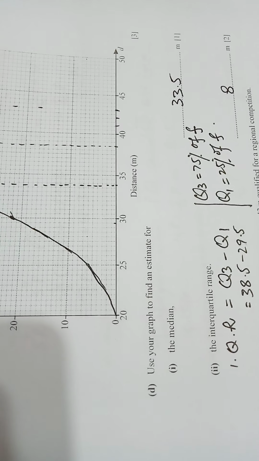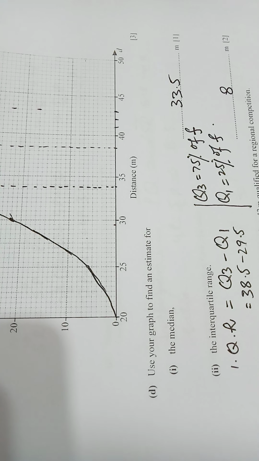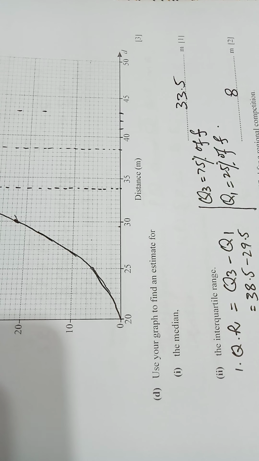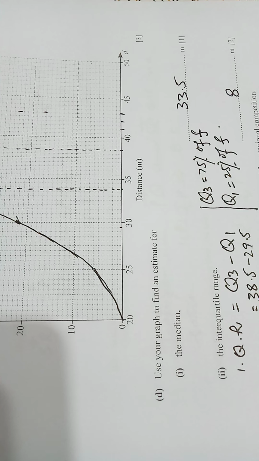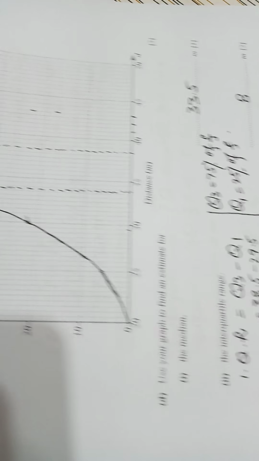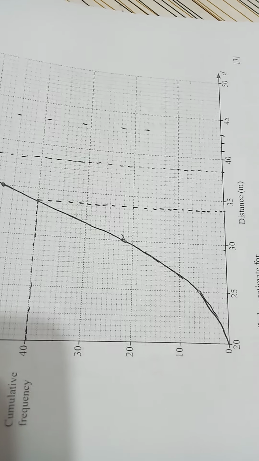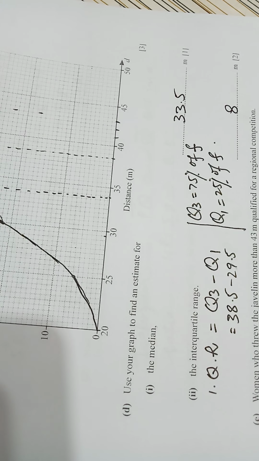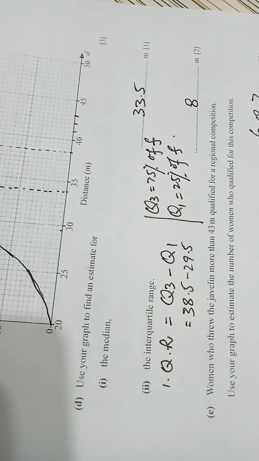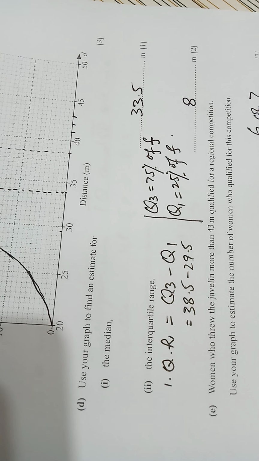Now in part D, use your graph to find an estimate for the median. Median is the second quartile, 50% of the frequency. So when the total frequency is 80, 50% is 40. You can see the dotted line at 40 joining the curve on the horizontal. You will get the answer, that is 33.5. For the interquartile range, in part 2, the interquartile range is equal to upper quartile minus lower quartile.